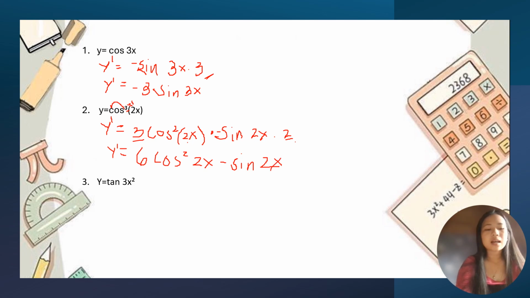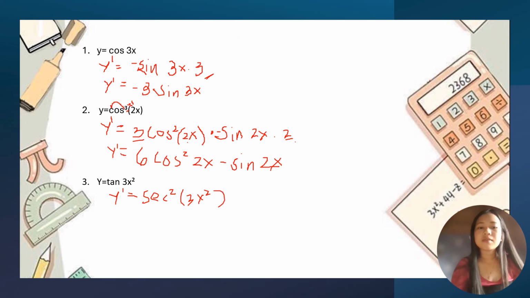Next is tangent 3x squared. y prime is equal to, the derivative of tangent is secant squared, so we get secant squared 3x squared times the derivative of 3x squared.